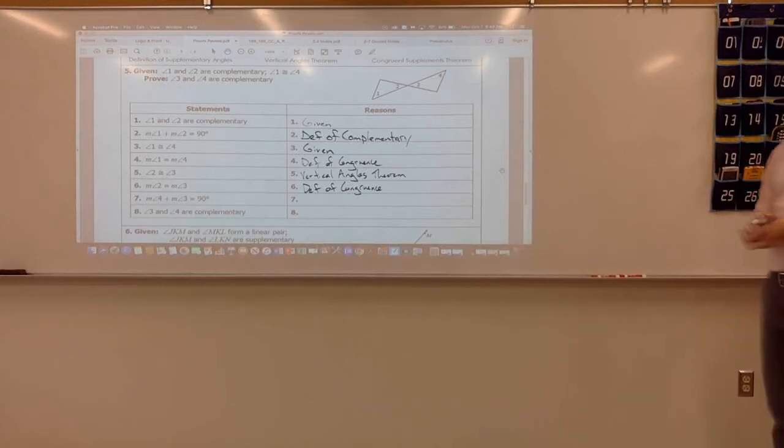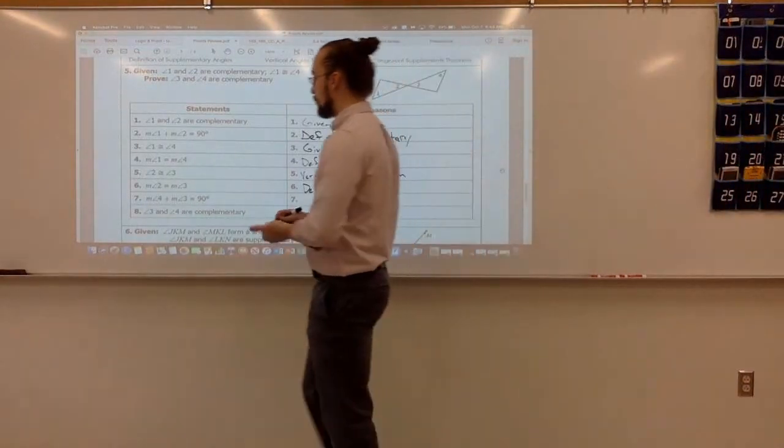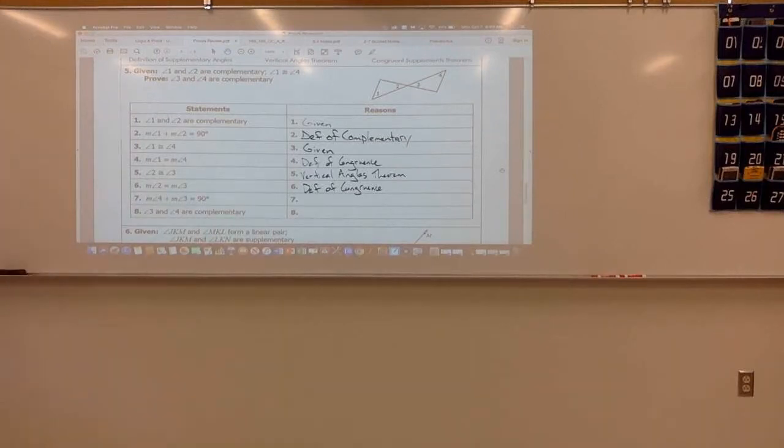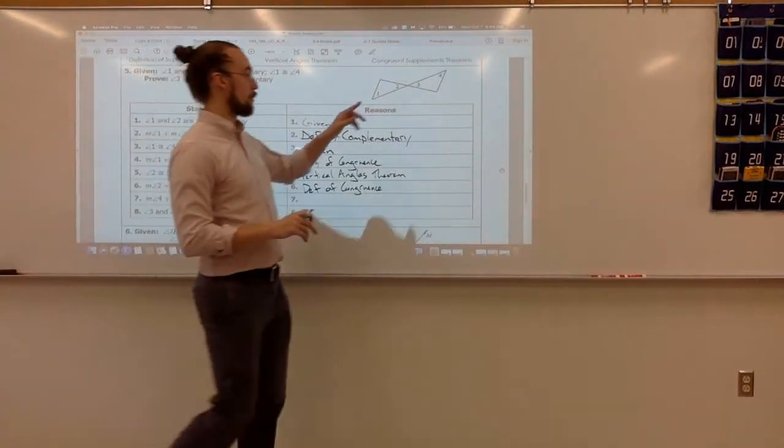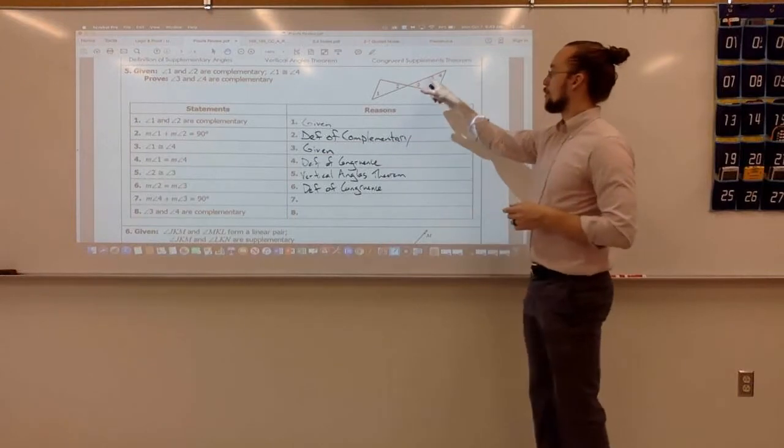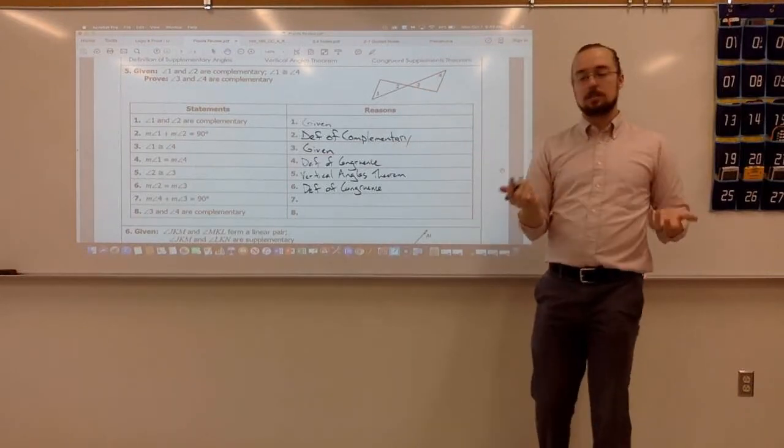Now, they claim that the measure of angle 4 plus the measure of angle 3 is 90 degrees. Why can I do that? Well, if we look at the diagram, angle 3 plus angle 4 doesn't really create another angle.